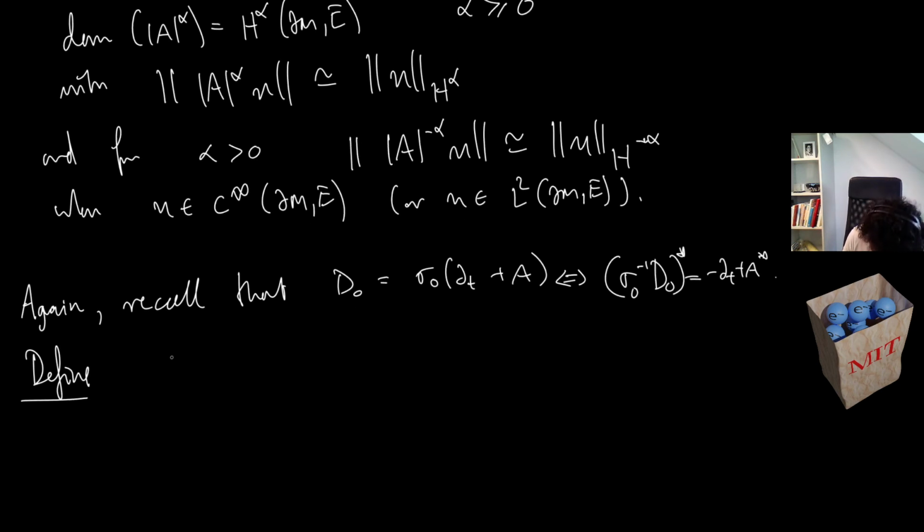Okay, so consequently let's define E of U to be the heat semigroup of this, right?